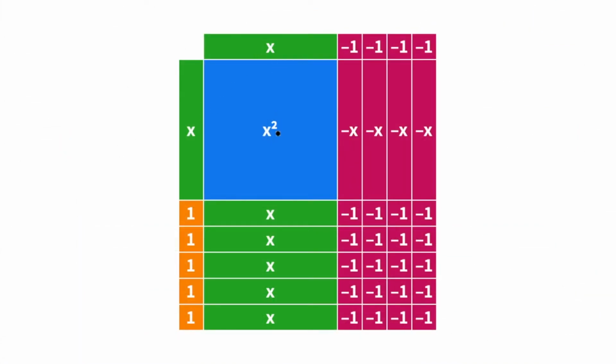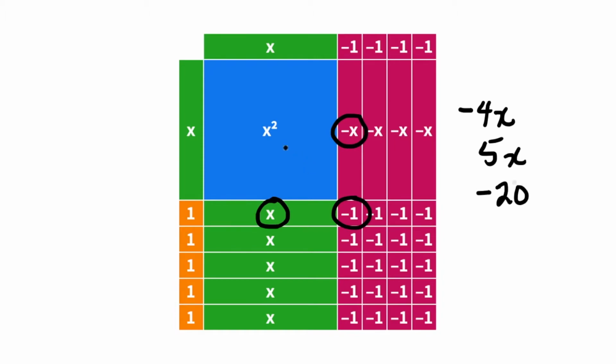X times x, x squared. X times negative 1 makes negative x, and we have 4 of those negative x's. 1 times x makes an x, and we have 1, 2, 3, 4, 5 of those. And 1 times negative 1 makes negative 1, and we have 5 times 4 of those, negative 20, and the x squared right here.